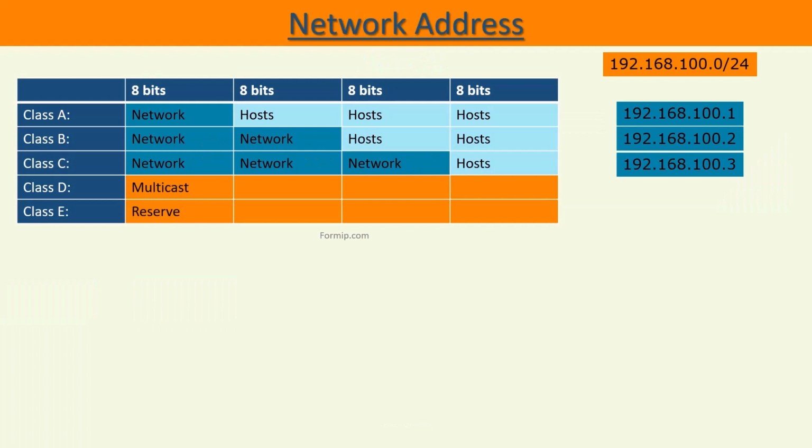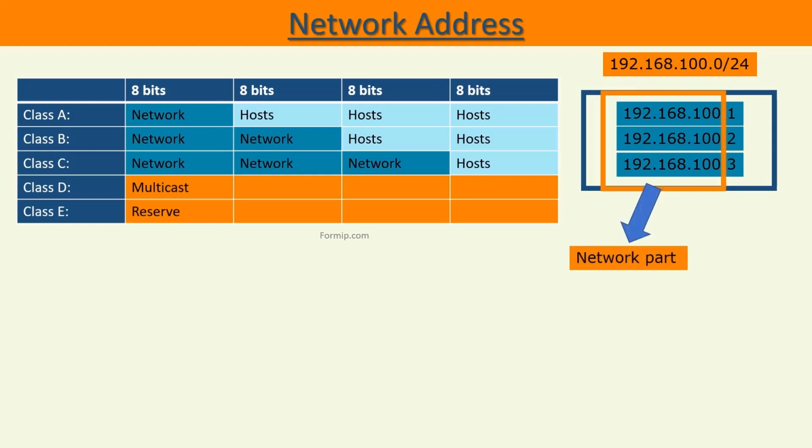Now let's talk about the network address. The network address is a unique identification of the network. Each device in the same subnet shares this network address in its IP address. For example, in addresses 192.168.100.1, 2, 3, the part 192.168.100 corresponds to the network address, and the 1, 2, and 3 are the hosts.